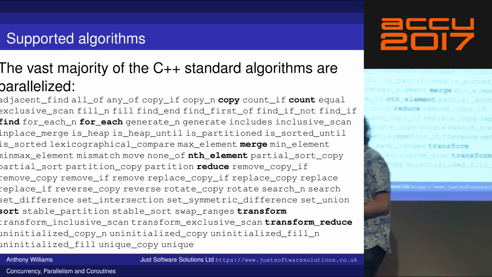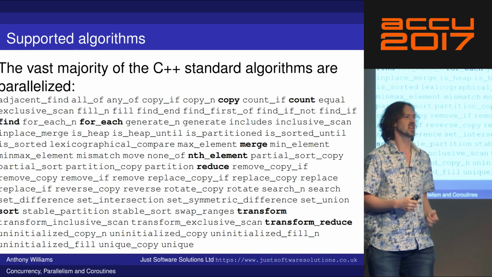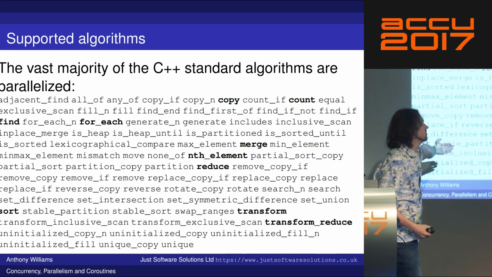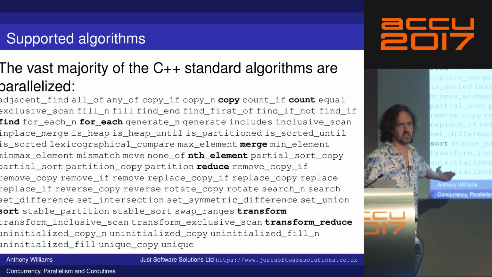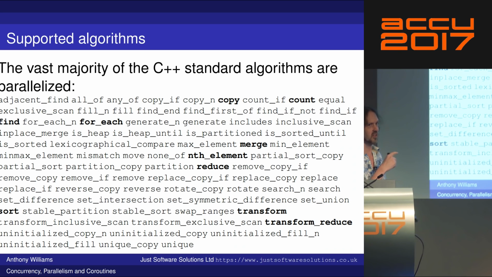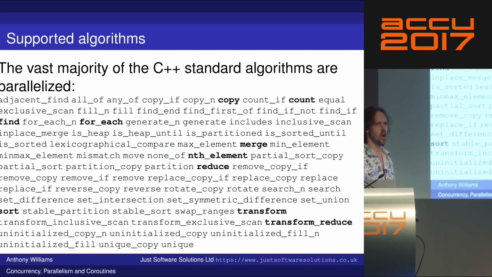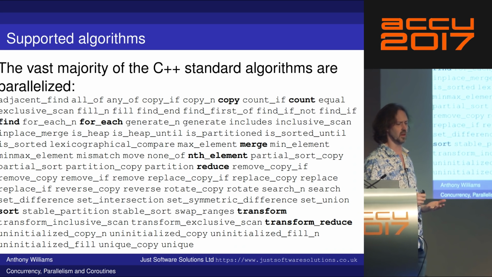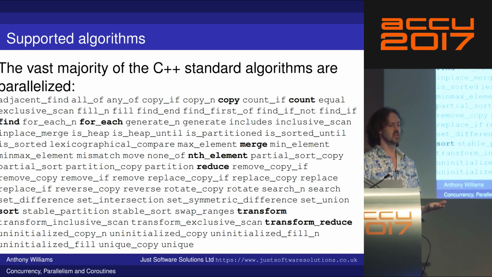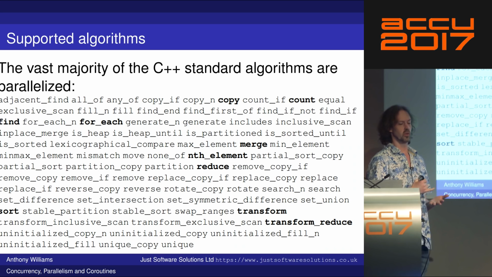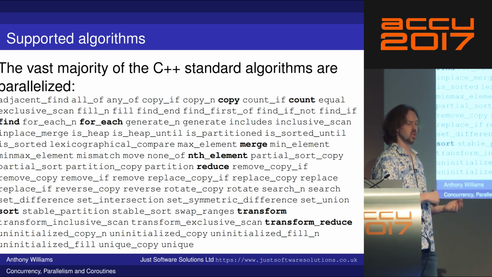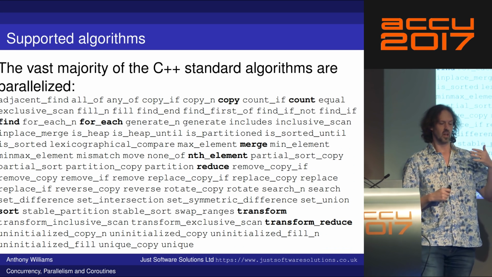So I said pretty much all the standard library is parallelized. It's a great big long list of all the algorithms. I don't think I missed any, but I think there's over 100. Key things there, obviously the ones that you might expect: we've got for_each, transform, sort, find.